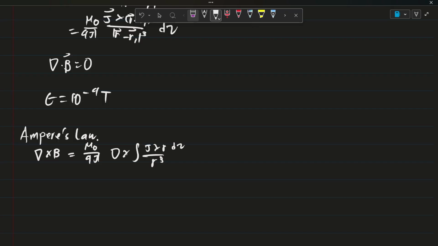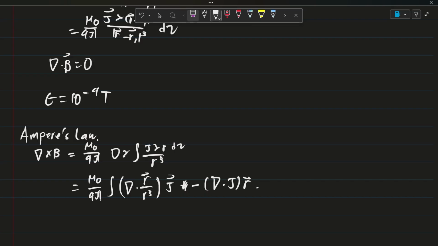Now, if you expand this curl, what you would end up having is the integral of the divergence of r vector over r cubed times j vector, minus the divergence of j times r vector, plus r times the differential operator times the j vector, minus j vector times the differential operator of r vector over r cubed.